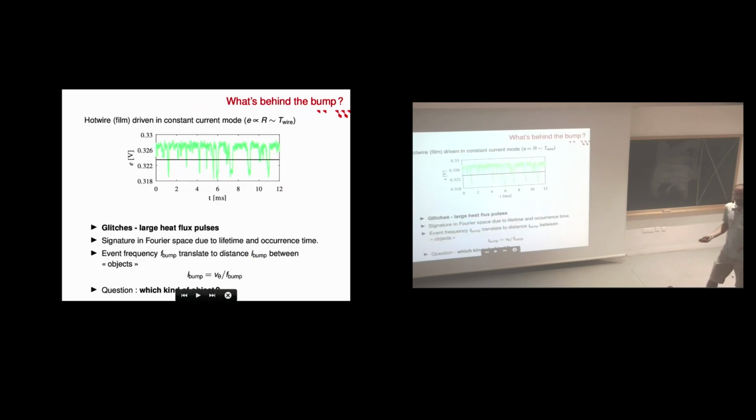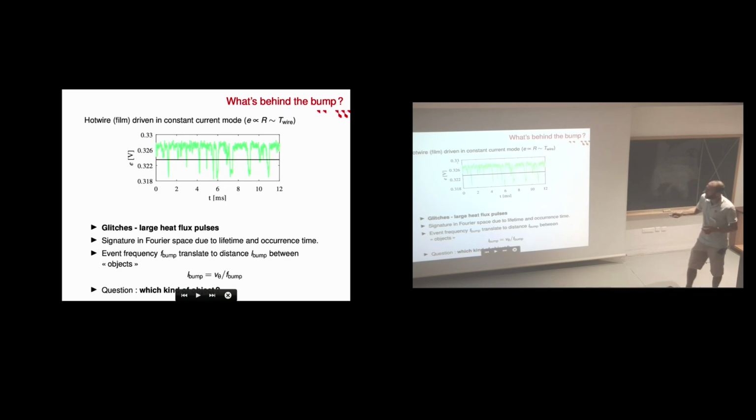So now it's time to look at the signal itself, because we know that the Fourier transform is not always the best tool to analyze things. What we see is that on the velocity signal there are superimposed peaks. This is the voltage of a hot wire driven in constant current, so you should see the voltage as an image of the temperature of the wire.